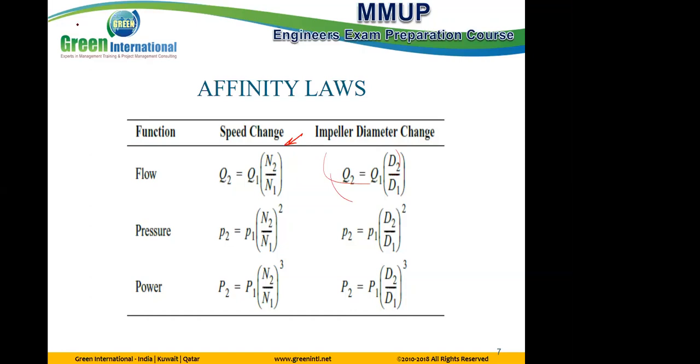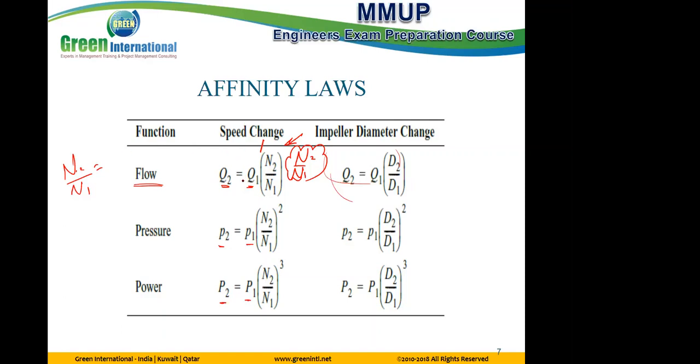Here we study the change of speed N2 by N1 with flow rate Q2, Q1. Also with pressure, H2, H1. Last with power, P2, P1. For the discharge, N2 by N1 is equal to what?